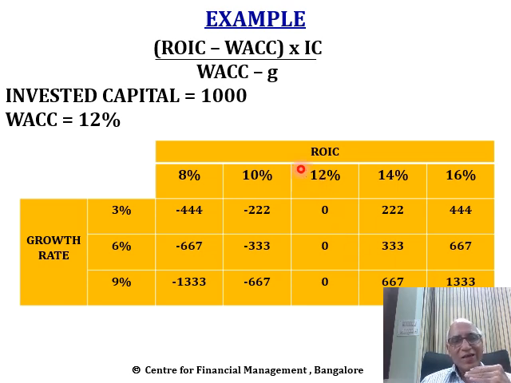On the other hand, if ROIC is less than weighted average cost of capital, higher the growth rate, more negative the MVA. This is a useful table to understand the impact of variations in ROIC and growth rate for a given level of invested capital and weighted average cost of capital.